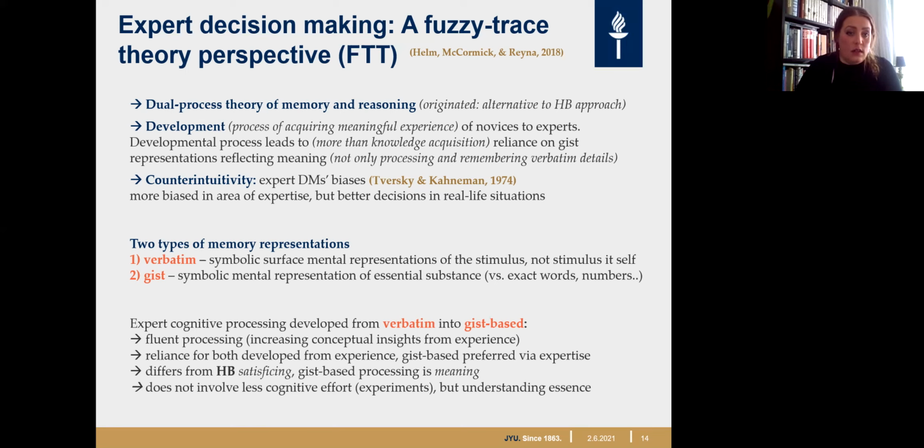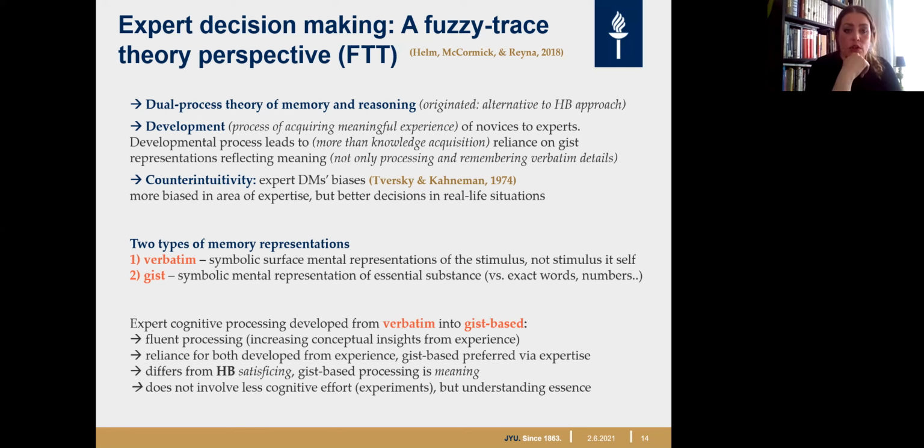And the second one is gist, and it's a symbolic mental representation of the essential substance. So those can be seen as the description-based and the experience-based, or those can be seen to be referring to those.